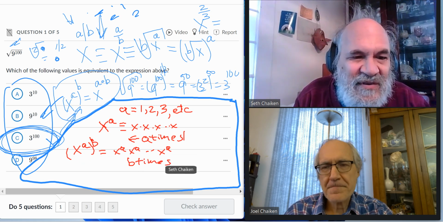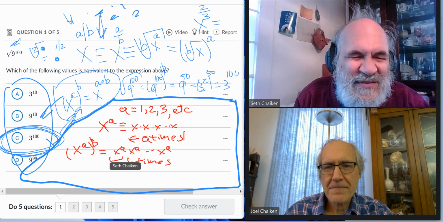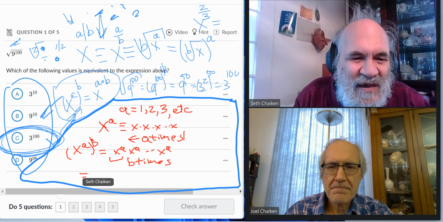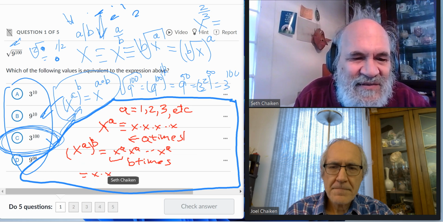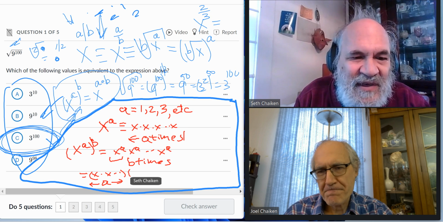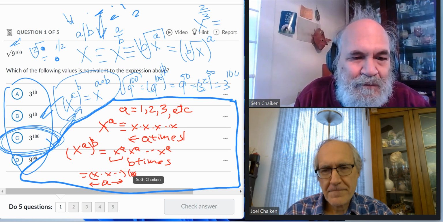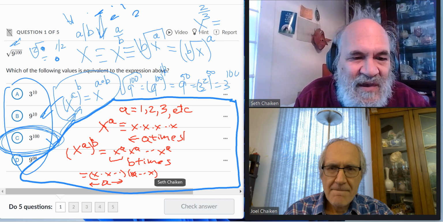Yeah. Which is now apply the definition of x to the a. x times x, a times, and b times. Then that same thing is multiplied by x times itself, a times.